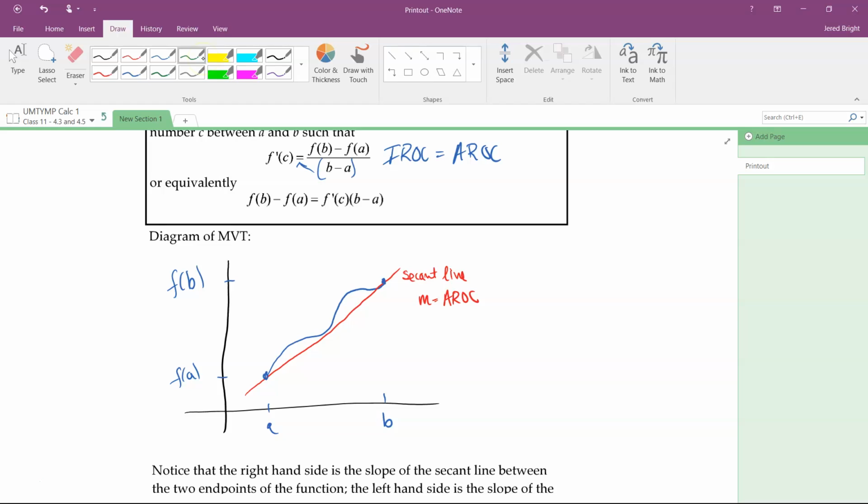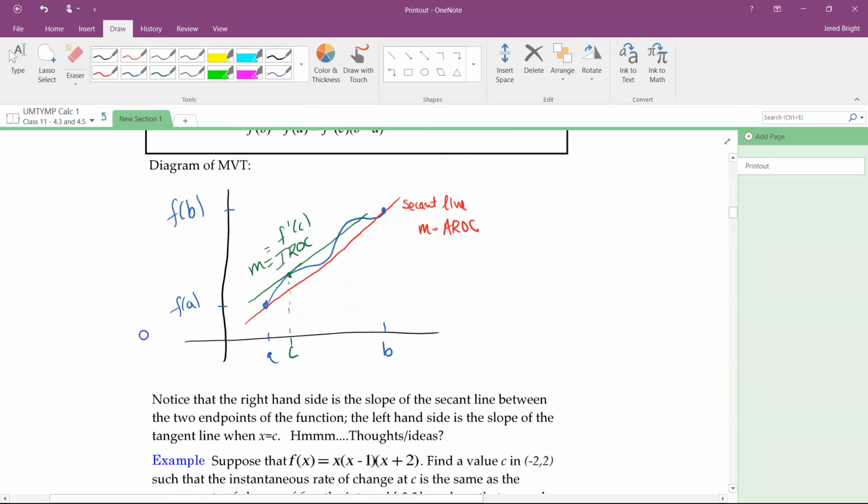Then if I look at c, and I'm just going to pick, say, this point, so this would be c, the slope there is the instantaneous rate of change, also known as f prime of c. The instantaneous rate of change at this point c is the same as the secant line slope. Okay, so that's kind of interesting.